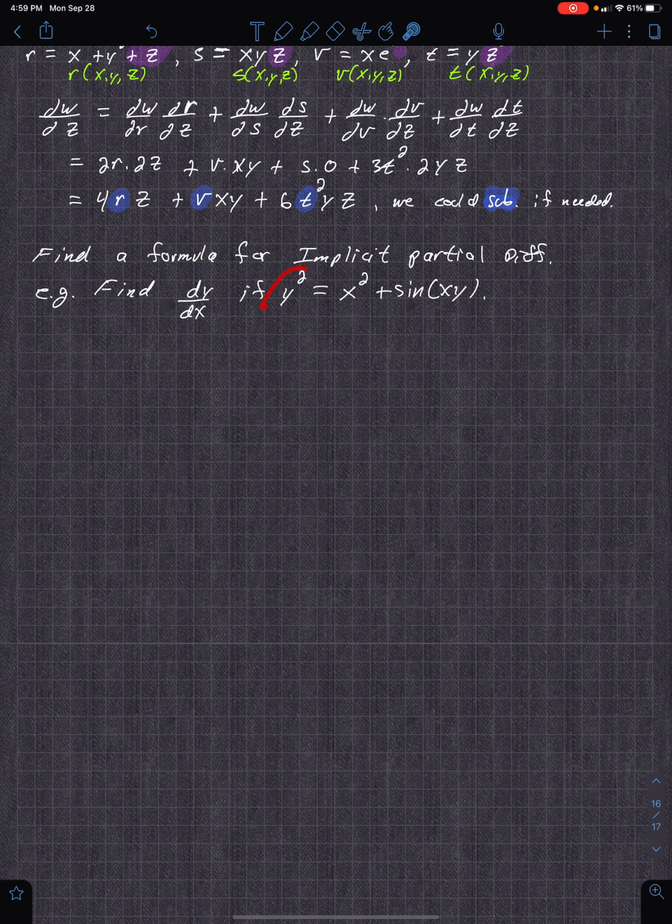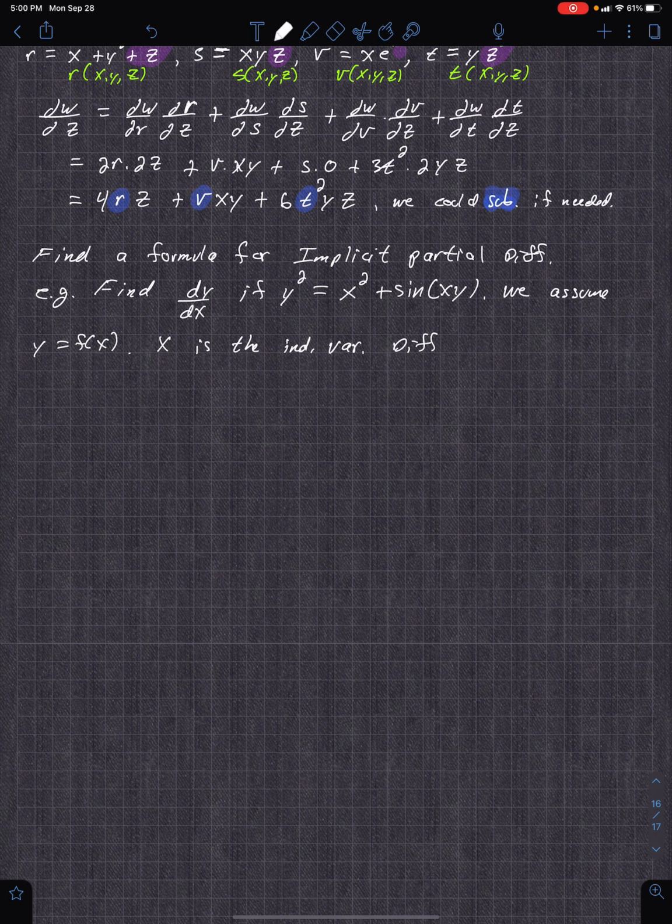So that's the problem. We assume that y is a function of x, like the function exists even though you can't say it explicitly.